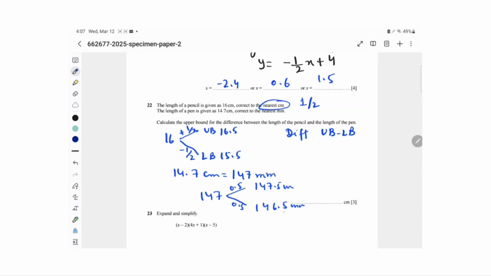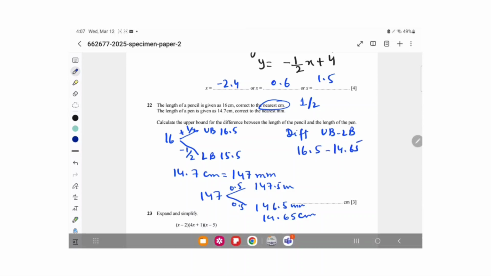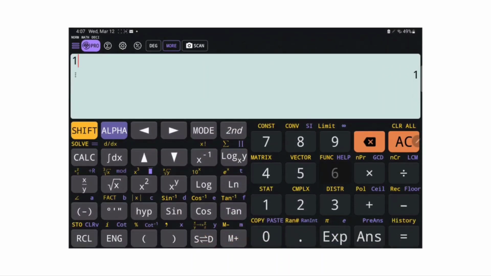They both should be in one unit. 146.5 millimeter is 14.65 centimeters. So 16.5 minus 14.65 is 1.85, your answer.